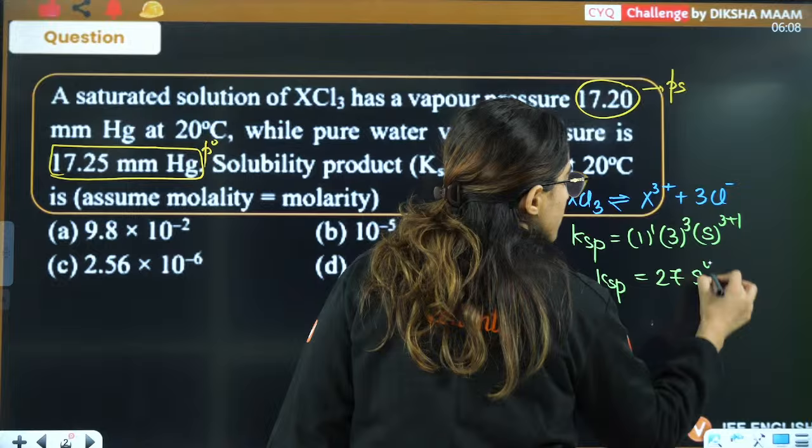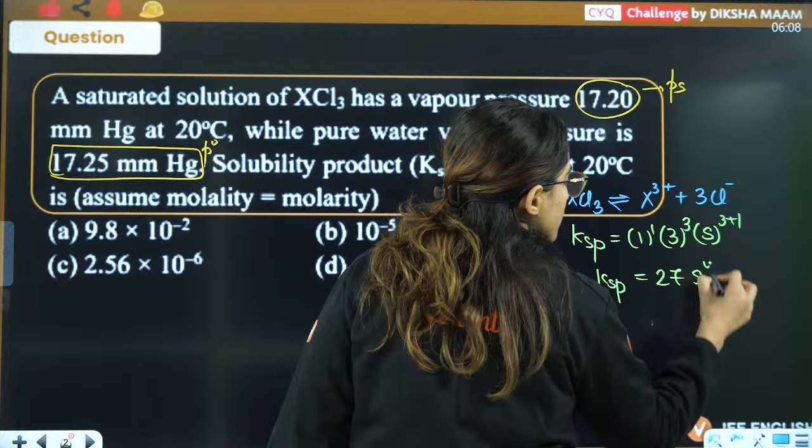One thing I am going to do here: the major question is, how can you write this formula in terms of molarity or molality? If you know, P naught minus Ps divided by Ps is equal to van't Hoff factor times number of moles of solute by number of moles of solvent. Now we multiply and divide by the molar mass of the solvent. What is molality?